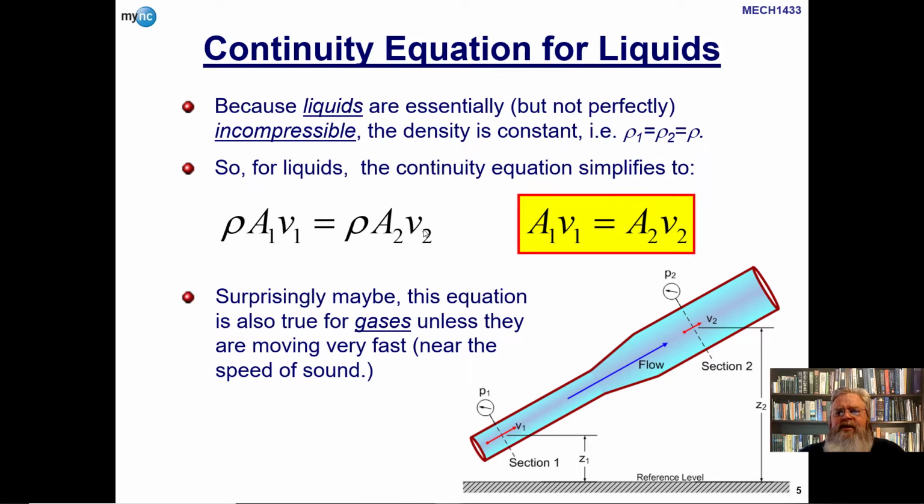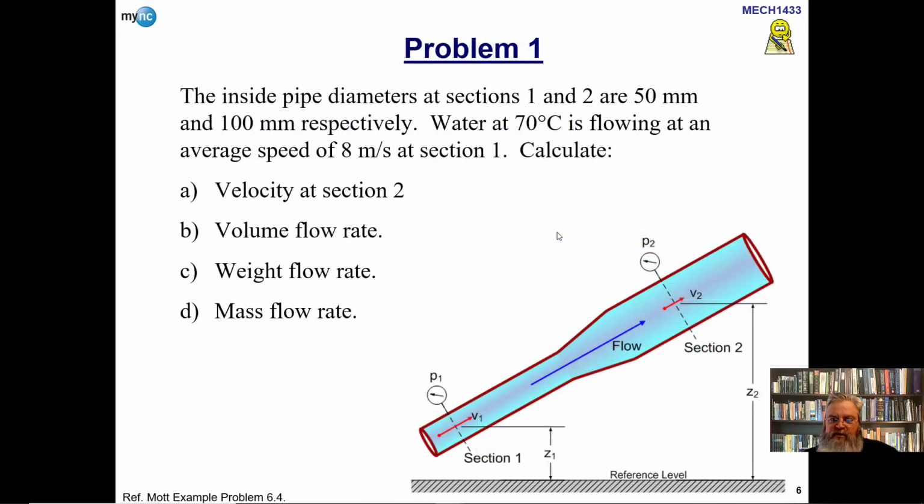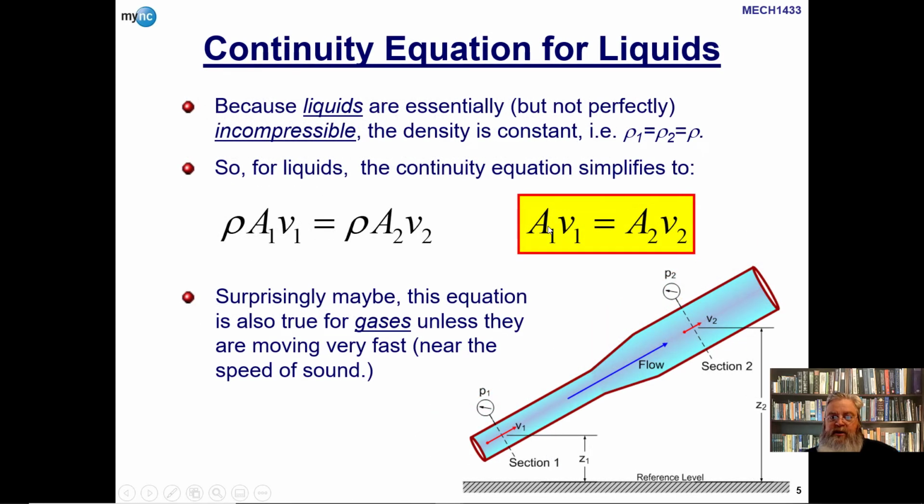We tend to be in this course a little more concerned with the flow of liquids in pipes, for practicality reasons, I guess. But it's applicable to gases as well, as long as the gases aren't moving near the speed of sound. They behave essentially incompressibly. So this is our new version of the continuity equation: A1V1 equals A2V2.